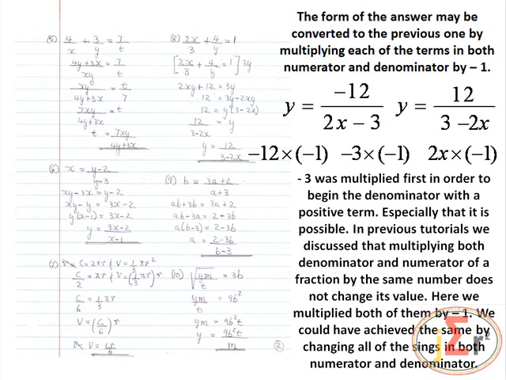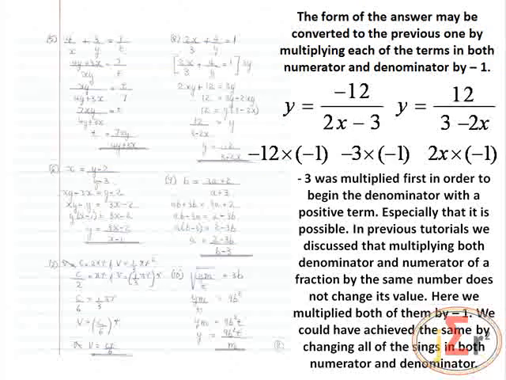Here we are multiplying both of them by negative 1, which is what we have done right here. And we know that multiplying both numerator and denominator of the same fraction by the same number does not change its value.